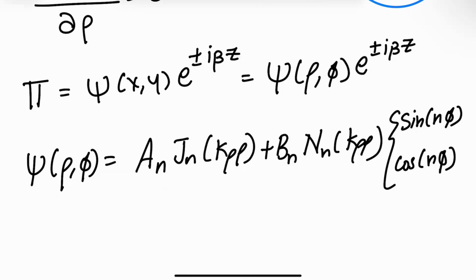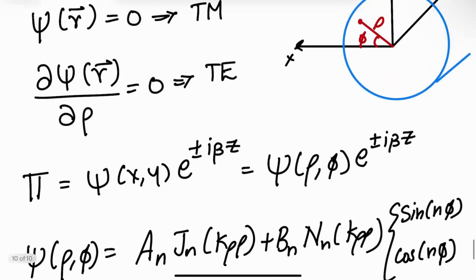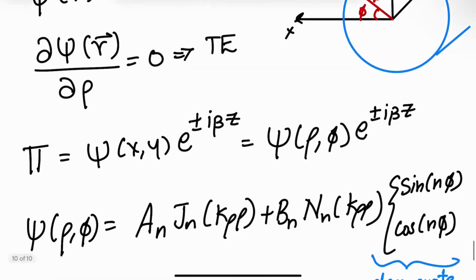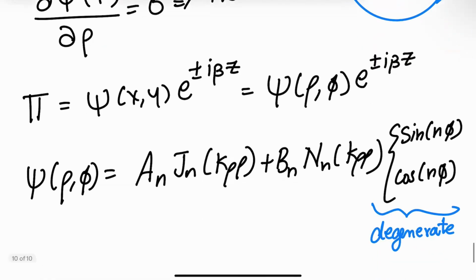The first thing is that sine and cosine are degenerate, because in this problem you have phi symmetry. If I have a sine solution and I rotate the waveguide by 90 degrees, it gives me the cosine solution. So solving for one of them is enough. I don't need to solve for both, so we'll just pick cosine arbitrarily as what we're solving for.